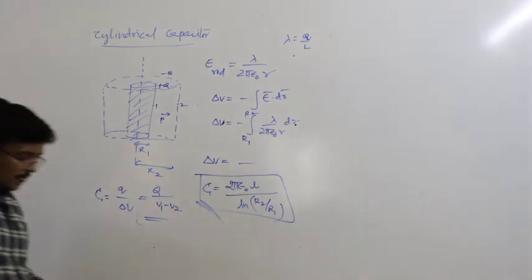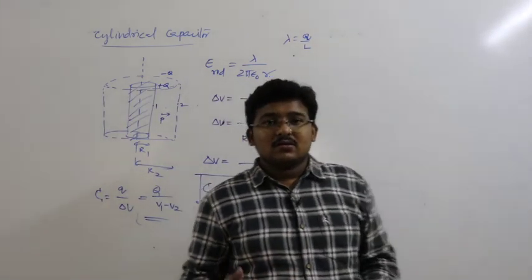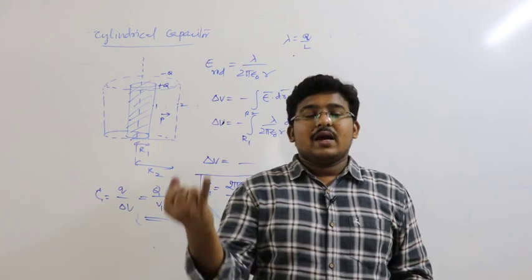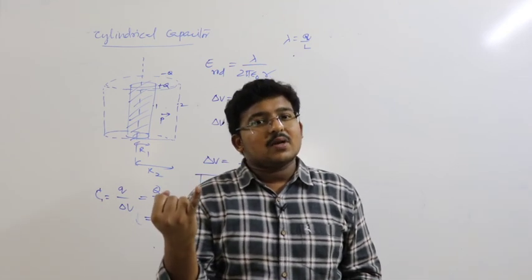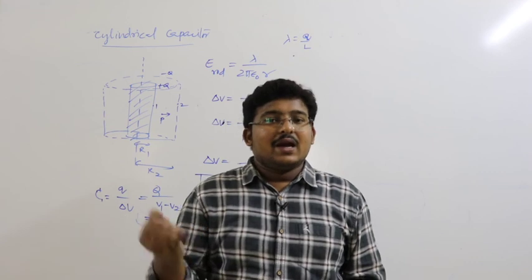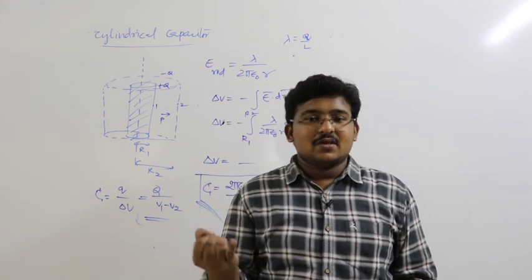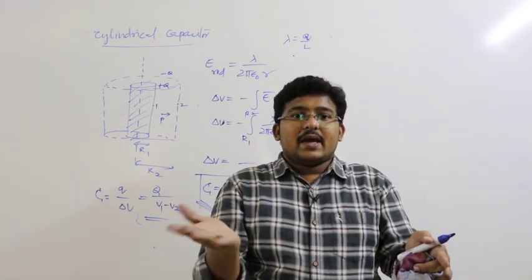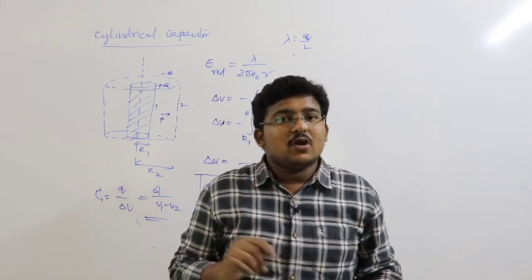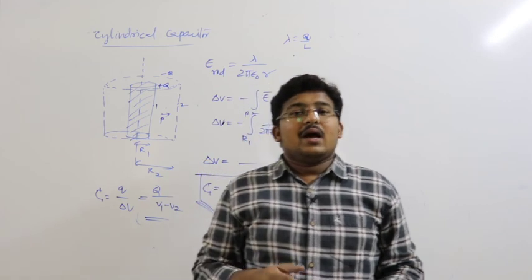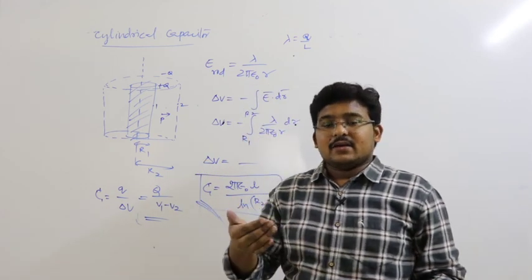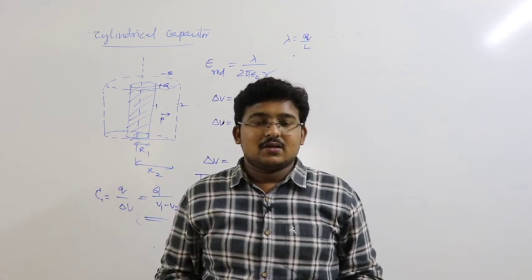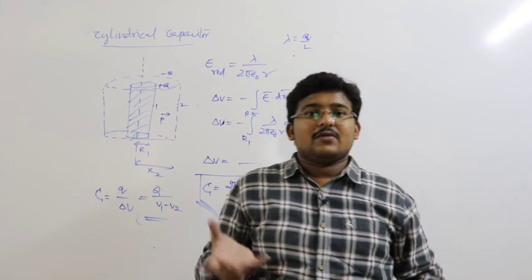So in the entire capacitance chapter, what we have discussed: what capacitance is, holding charge, and how to find capacitance by the formula C is equal to Q upon delta V. After that, the types of capacitors, then parallel plate capacitors of area A and distance D. What is the capacitance formula we got? Epsilon naught A by D. After that, finding the equivalent capacitance of series and parallel combinations for a number of given capacitors.